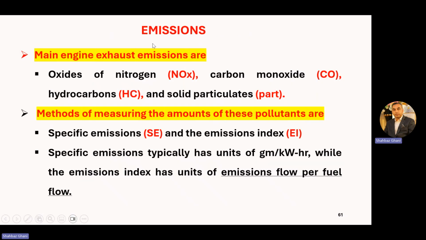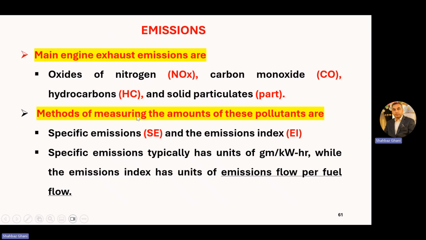Now, the last operating characteristic of an engine is emissions. Main engine exhaust emissions are oxides of nitrogen, commonly known as NOx, carbon monoxide, CO, hydrocarbons, and solid particles. So the exhaust emission of any internal combustion engine is a mixture of NOx, carbon monoxide, hydrocarbons, and solid particles.